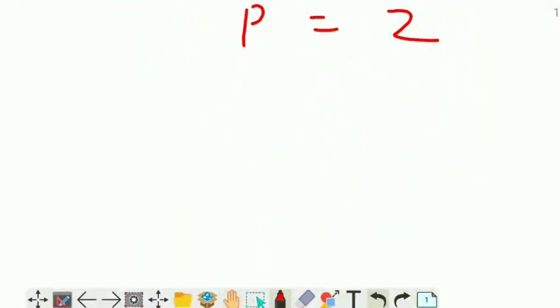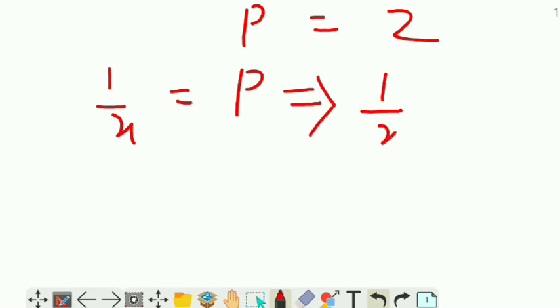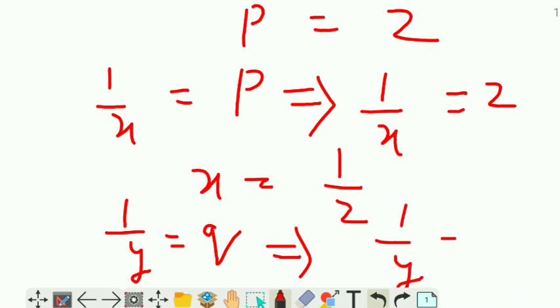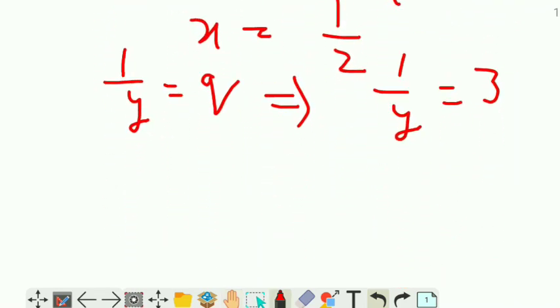So 1 upon x is equal to p. In place of p we will write 2. It implies that 1 upon x is equal to 2. So x is equal to 1 upon 2. Same thing here, 1 upon y is equal to q. It implies that 1 upon y is equal to 3. By cross multiplying, y is equal to 1 upon 3.